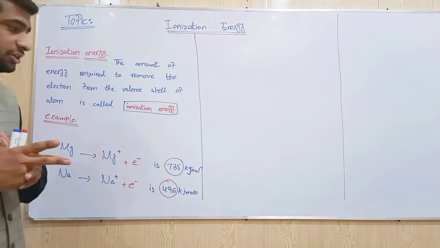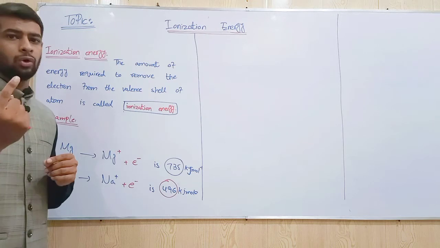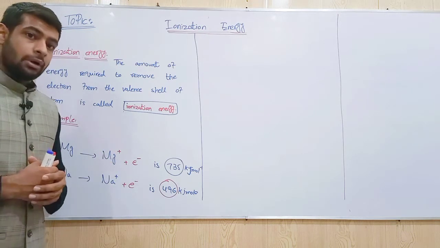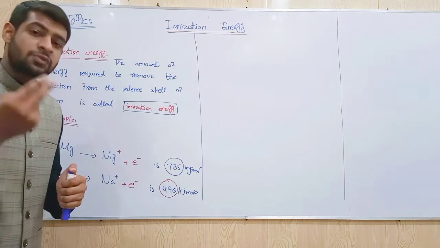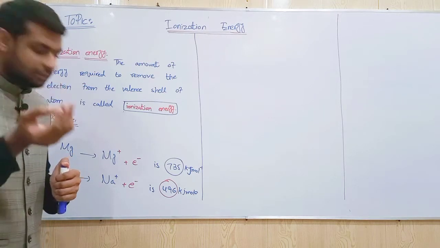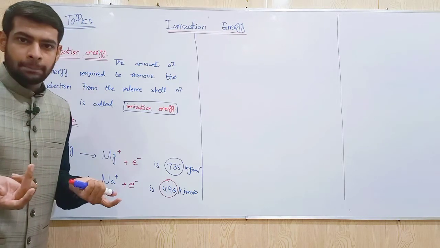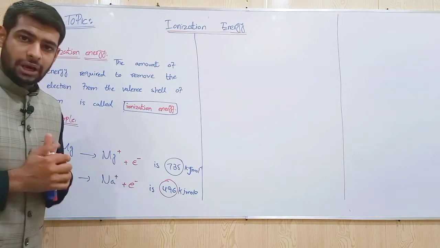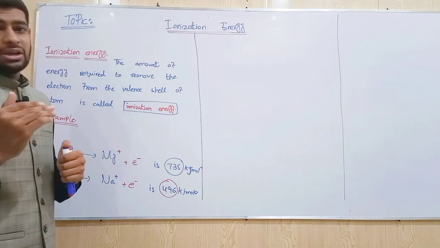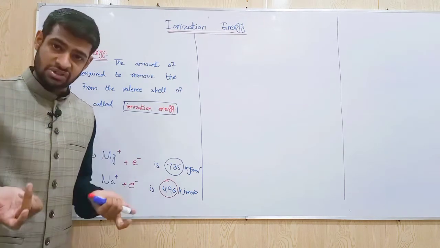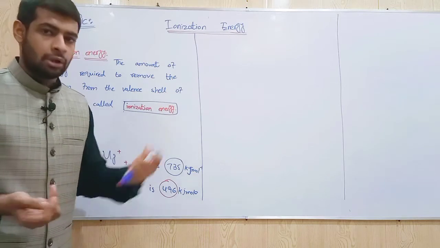First ionization energy means one electron is removed from the valence shell of an atom. Now if we remove a second electron from the valence shell of the same atom, the energy required to remove this electron, the second ionization energy, is greater than the first ionization energy. Reason? Now we will discuss the reason.